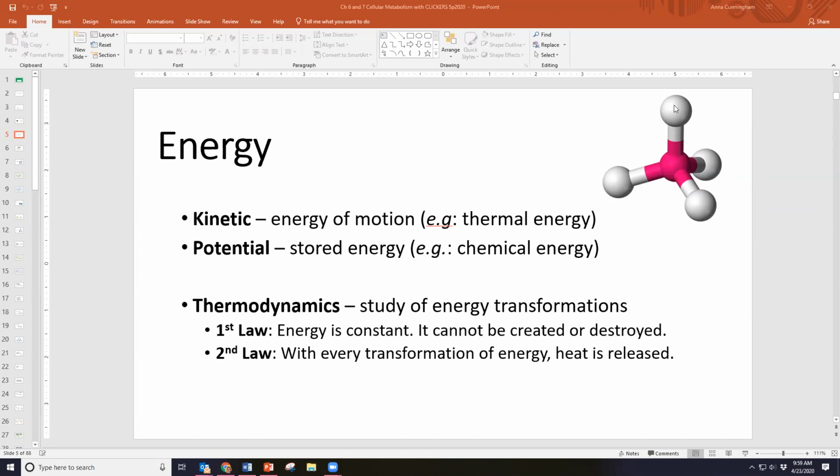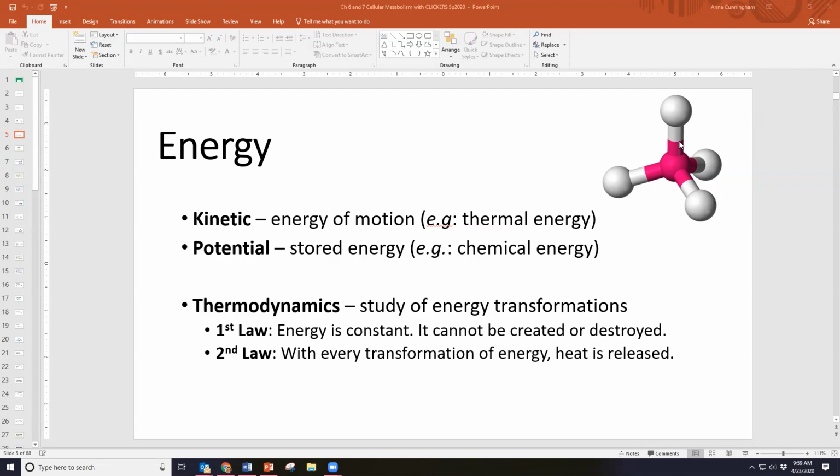we have a molecule and we have a bond created between two atoms in that molecule. When bonds form, we put energy into forming them, right? It takes energy to create a bond. But when bonds are broken, energy is released, right? So when a bond is formed, we put energy into the bond forming.